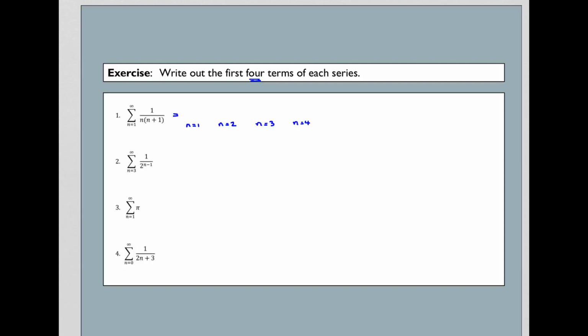So when n is 1, the first term in our series is actually 1 over 1 times 1 plus 1, which is 2. Plus, because this is a summation, 1 over 2 times 2 plus 1, which is 3. 1 over 3 times 3 plus 1, which is 4.